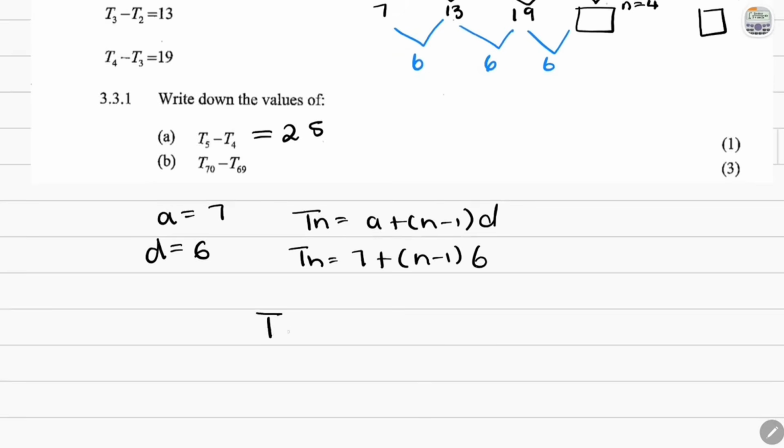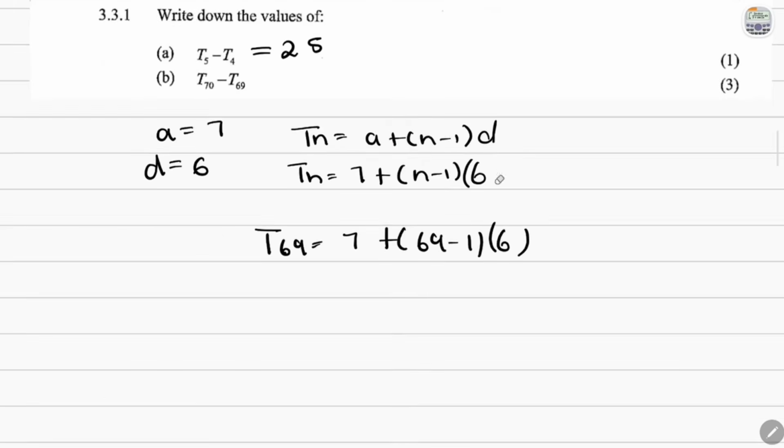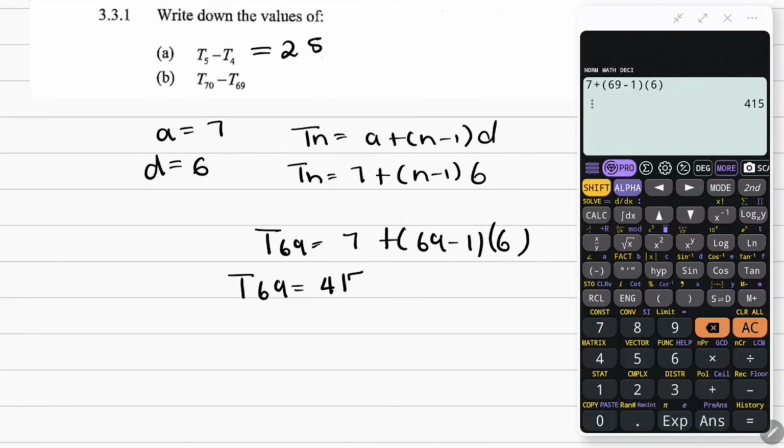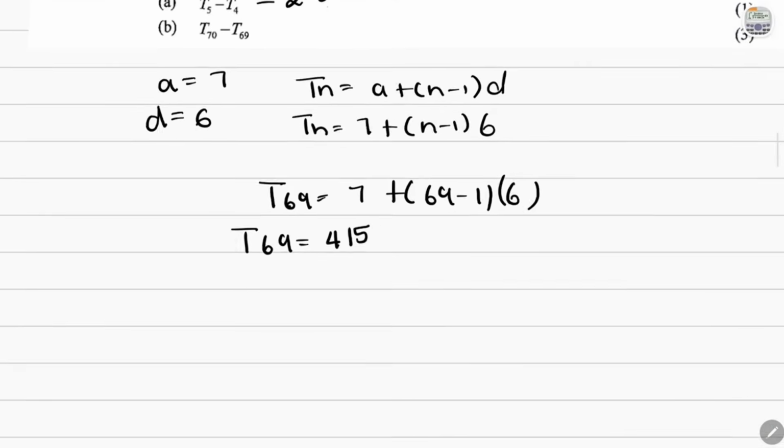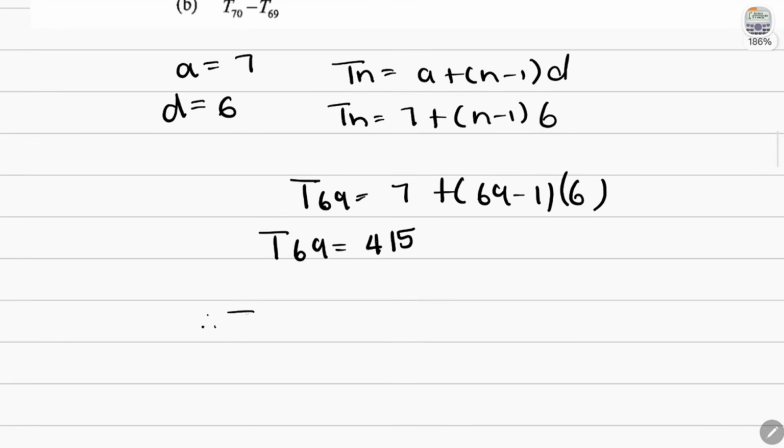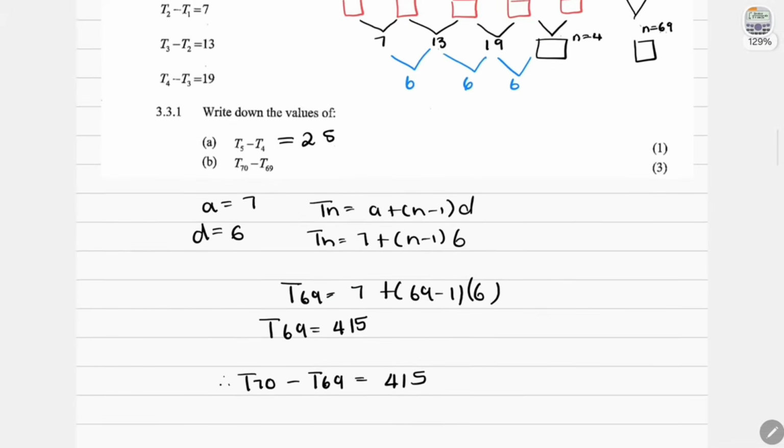So we'll say term 69, and in place of n, substitute 69. So 69 minus 1 times 6, and we'll find our answer. And that is 415. So we can finally just conclude this means that term 70 minus term 69 is simply equal to 415. And that is our answer.